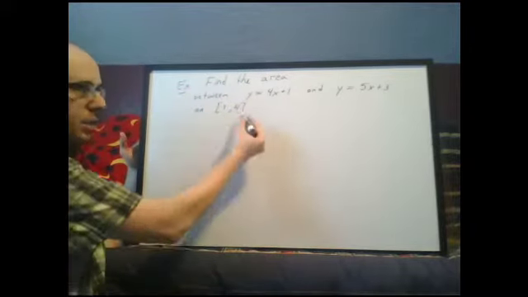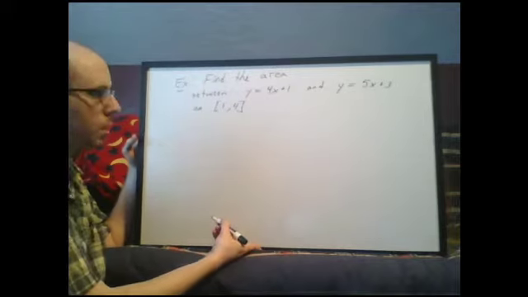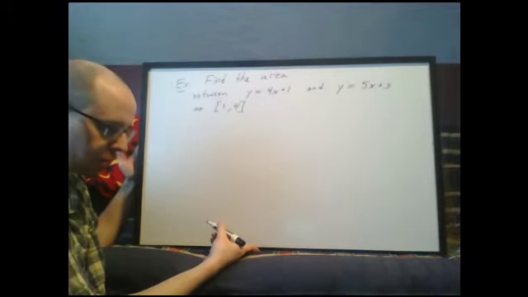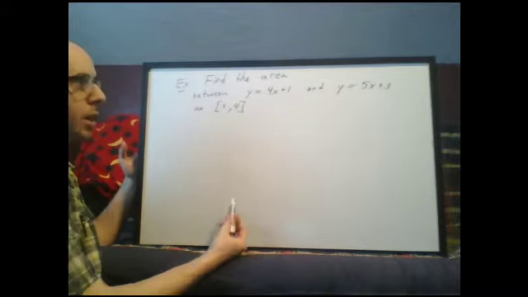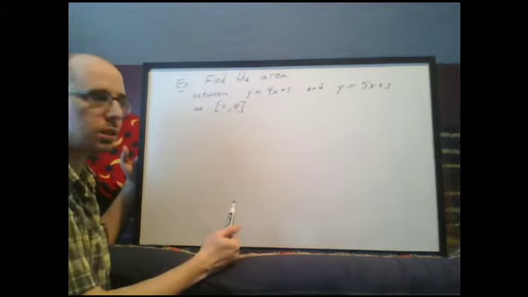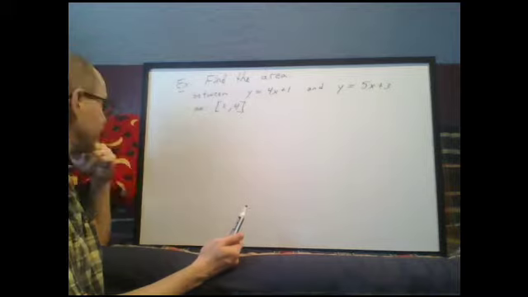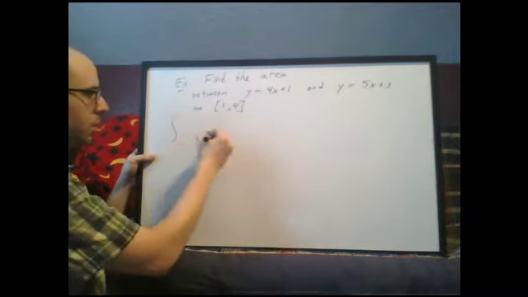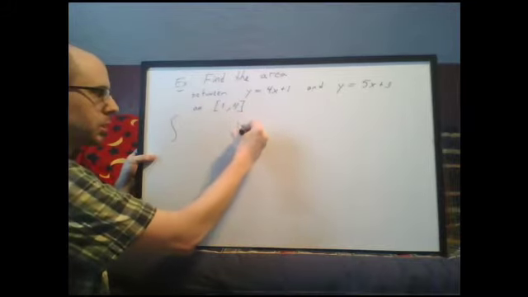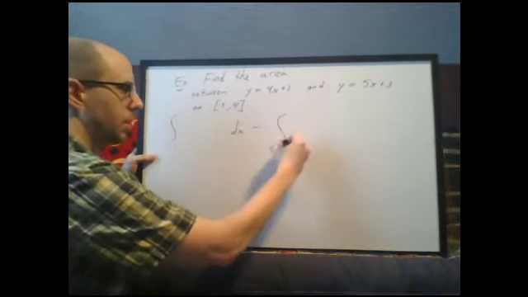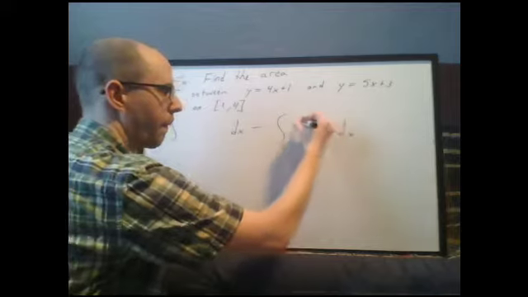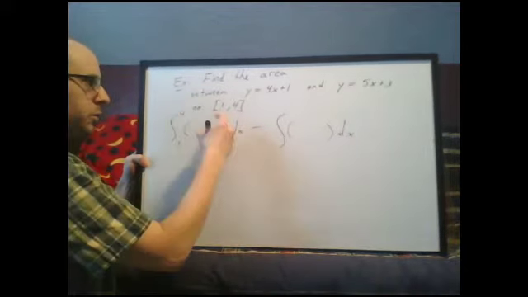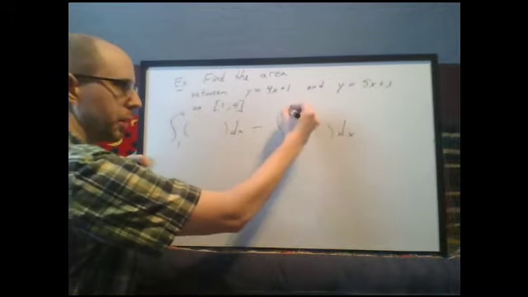So this is an x interval here. Okay, so I'm trying to find the area between two curves, between two functions. So that means I'm going to integrate one function minus the other function. And the interval is going to be 1 to 4. So I'm integrating from 1 to 4.